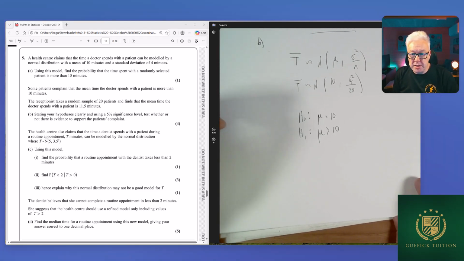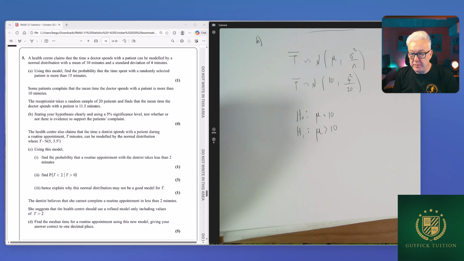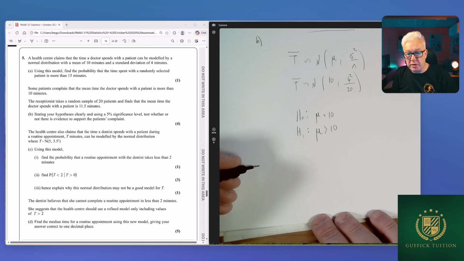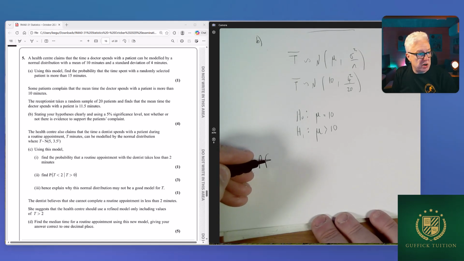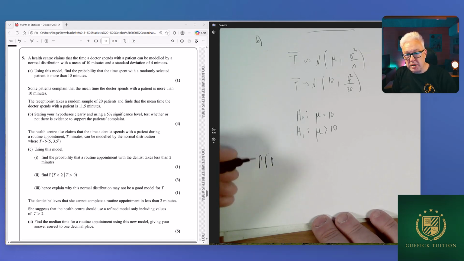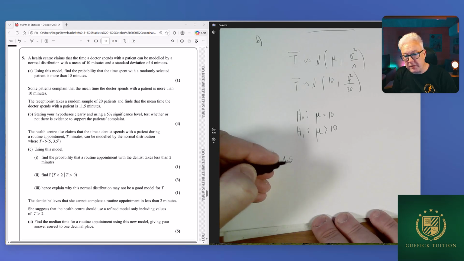The alternative hypothesis is that the mean amount of time spent with each patient is greater than 10 minutes. Now the receptionist found that the mean amount of time spent with a patient was actually 11.5 minutes. So in this distribution, let's find the probability that T bar is greater than 11.5.